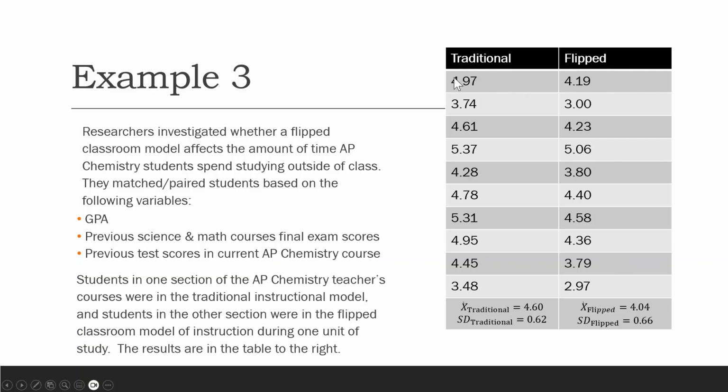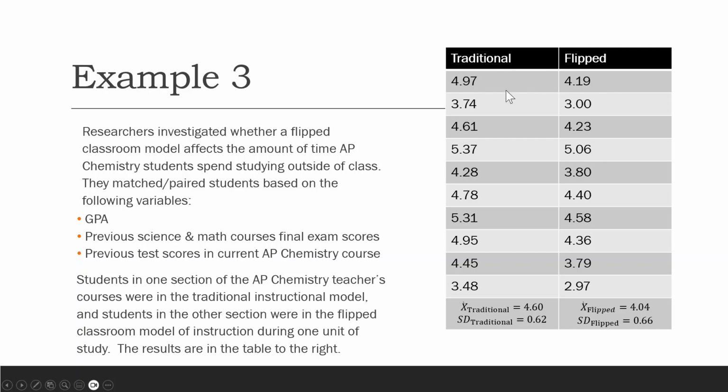The person in the traditional model with this score is matched or paired, based on these several variables here, with the individual in the flipped model, right? So this 4.97 is related to that 4.19 because we've matched these individuals on these variables.